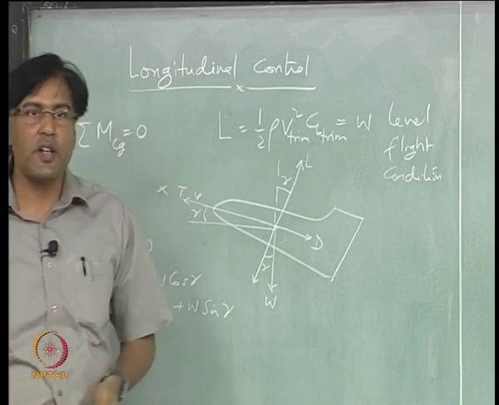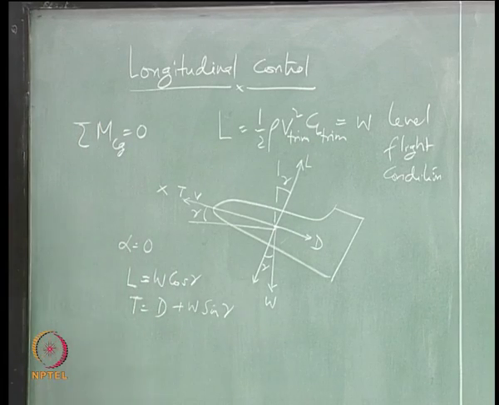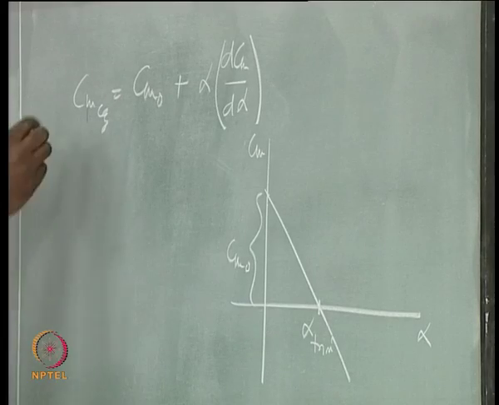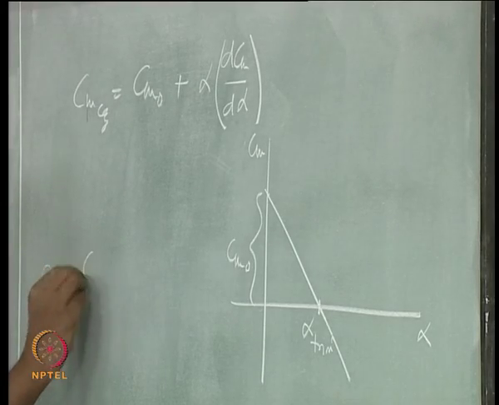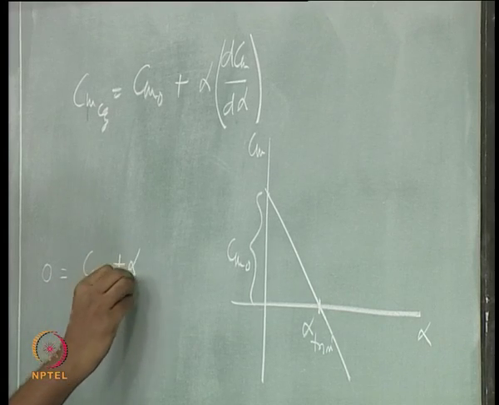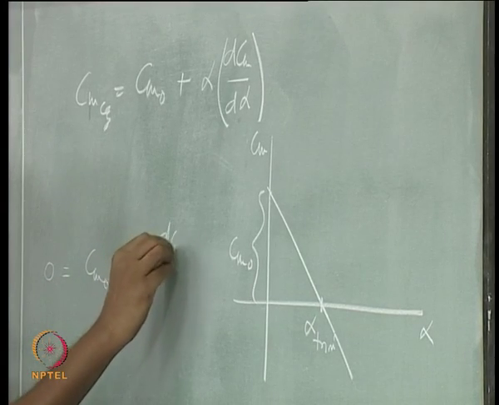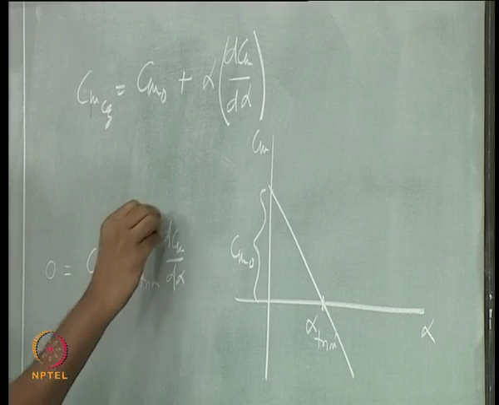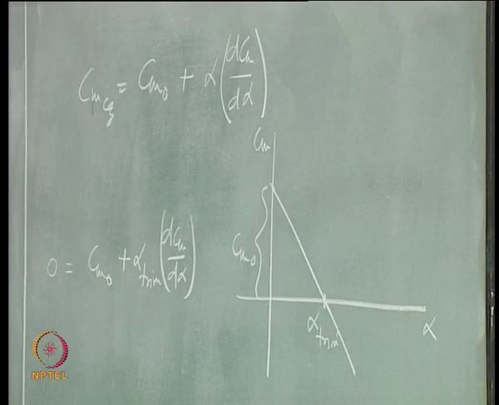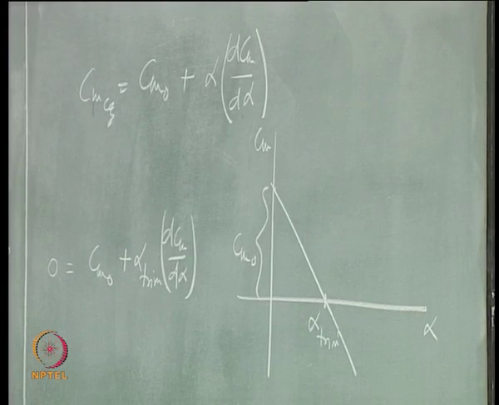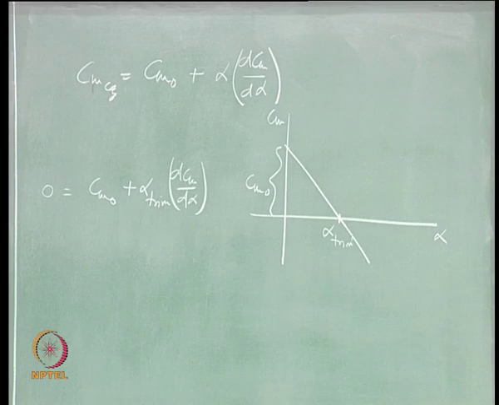Now the question is, how do we do that? Right? If you set this to 0, you are going to get, right. Now question is, how do you do that? In how many ways you can get that?